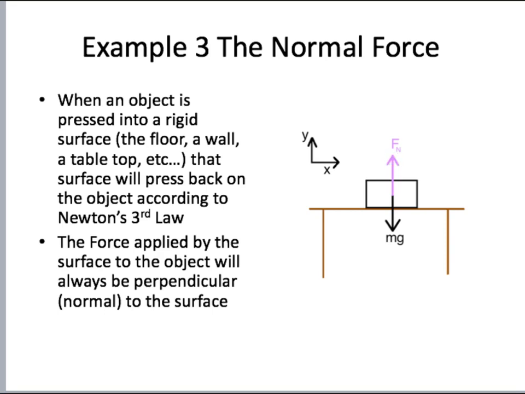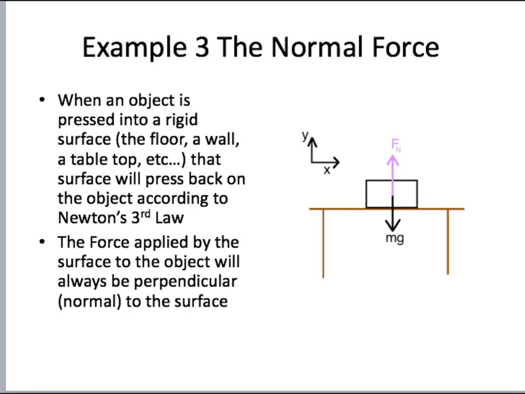Now, here's why it's called the normal force. Whenever an object has a force exerted on it by a surface that it's pressed into, that force is always going to be perpendicular to the surface that is pressing into the object. In other words, the normal force is always going to be perpendicular to the surface, which in this case is the table.